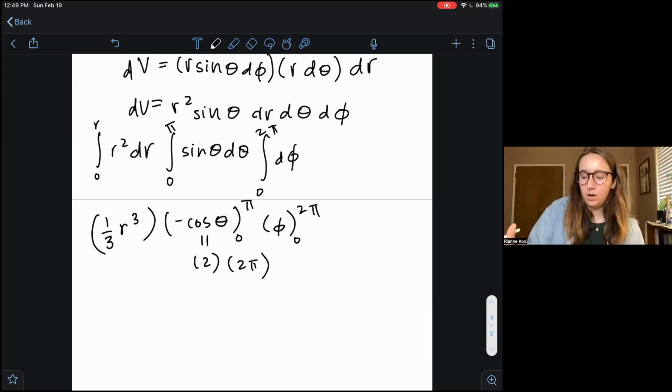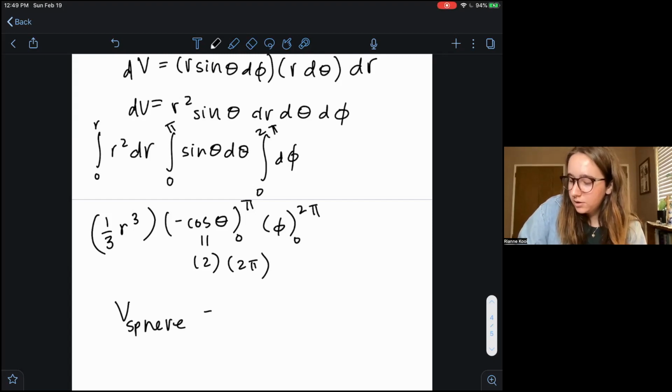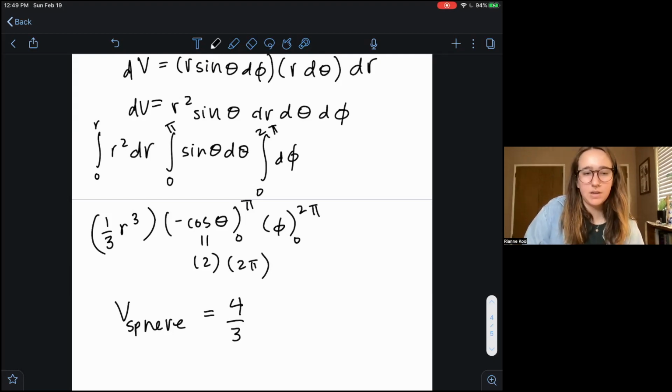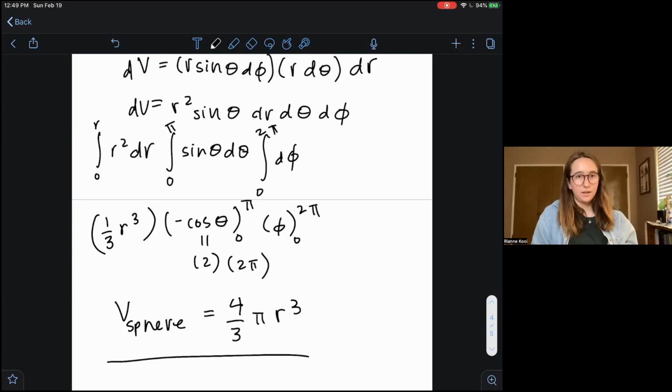But now we have our cubed term. So now our final answer is, the volume of a sphere is equal to, 2 times 2 pi is 4 pi, so 4/3 pi r cubed. And that is our final answer. And that is the volume of a sphere.